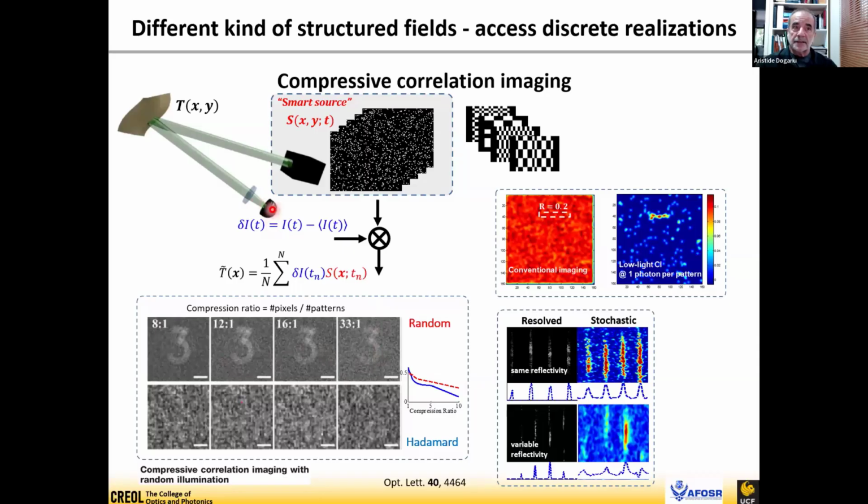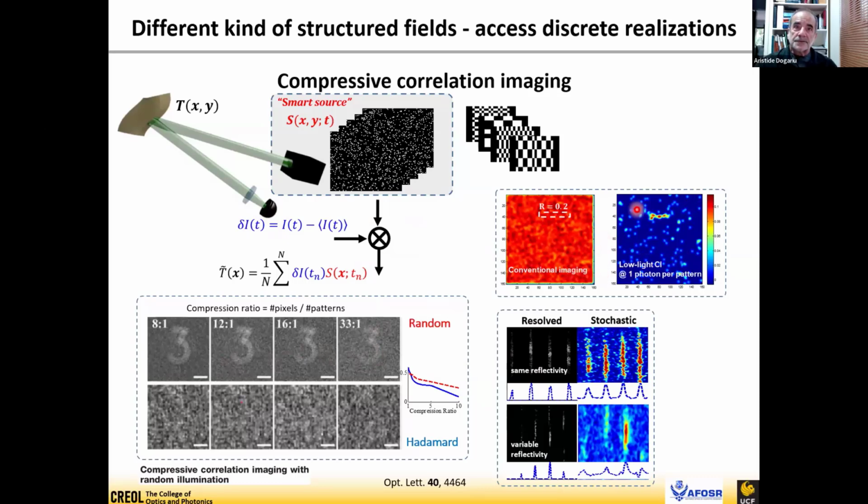Mind you that this is not a CCD camera. This is simply a fluctuating pixel intensity detector, a point detector. And you can do imaging of this nature based on this correlation at extremely low excitation levels.